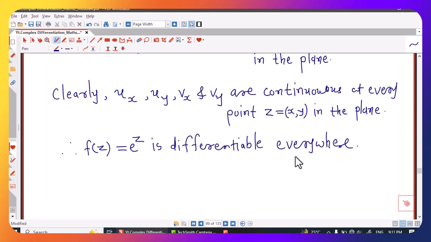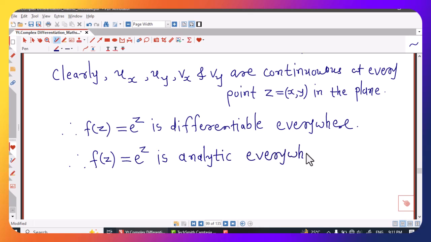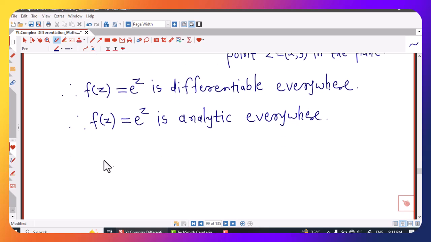Differentiable everywhere means it is differentiable at every point in the complex plane, and the function which is differentiable everywhere is analytic everywhere. Therefore, f of z equal to e raised to z is analytic everywhere or analytic at every point in the complex plane, and the function which is analytic everywhere is known as entire function. Therefore, we have shown that e raised to z is entire function.